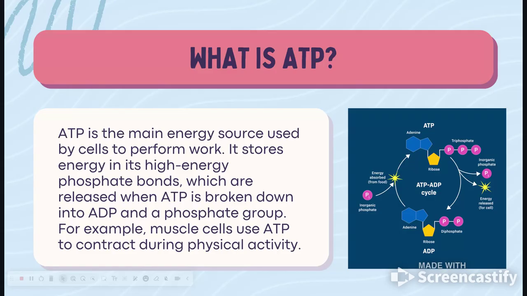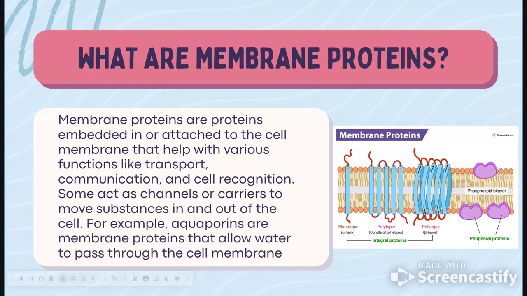ATP is the main energy currency of the cell, and when one of its phosphate bonds is broken, it releases energy, which turns into ADP and a free phosphate. This energy powers things like muscle contraction and, like I mentioned earlier, active transport across the membrane. That's what it does.